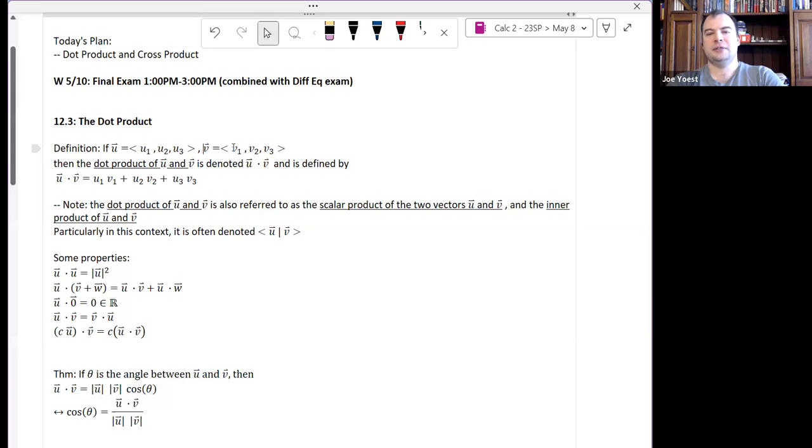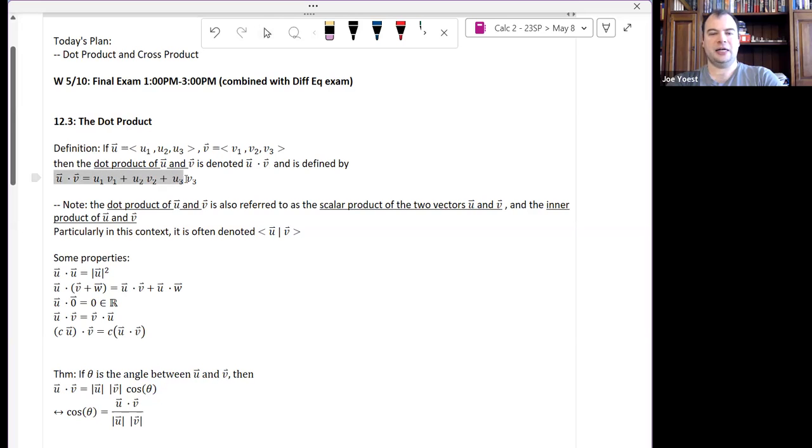And if v is v1, v2, v3, then we say the dot product of u and v, denoted u dot v, uses the dot we typically use as shorthand for multiplying scalars together. Here we're using that notation to indicate a vector dot product with another vector.